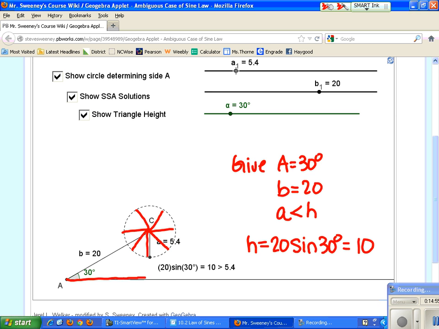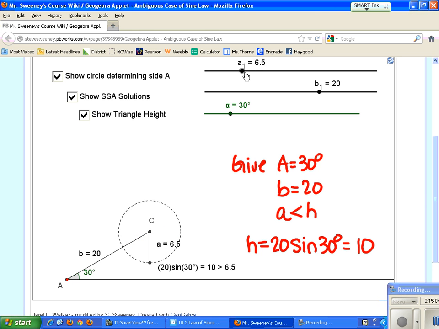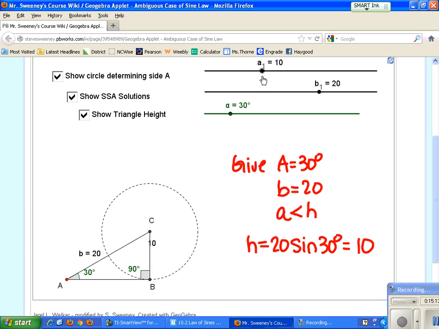We will never be able to reach this side right down here. So because of that, there are no possible solutions. Anytime that A value is less than the height of my triangle, it will never reach the third side until we get to the value where it makes a right triangle, where it is equal to the height.